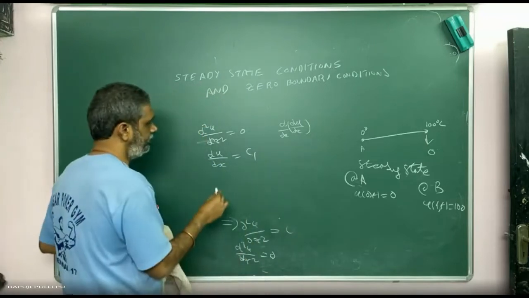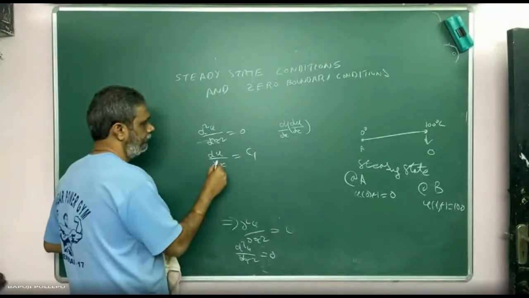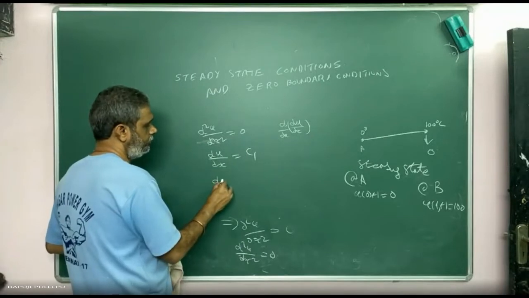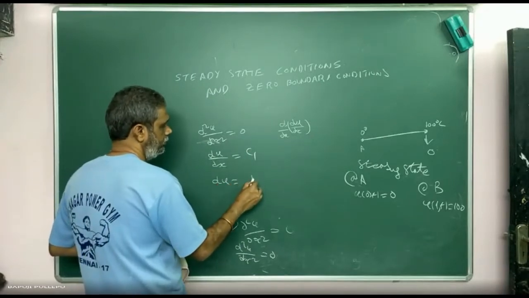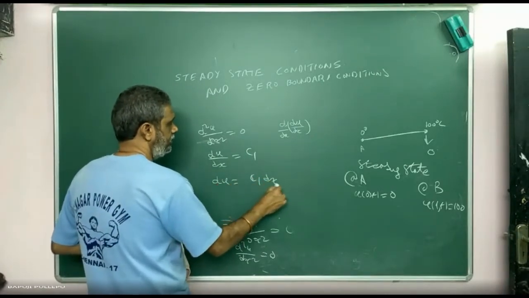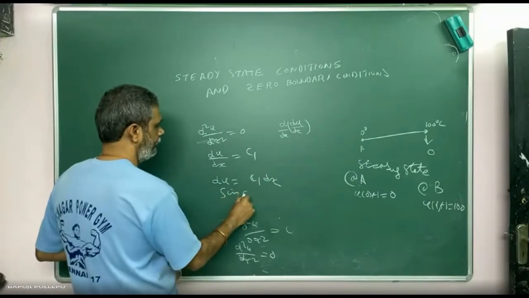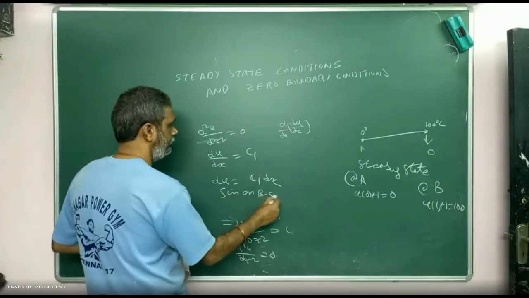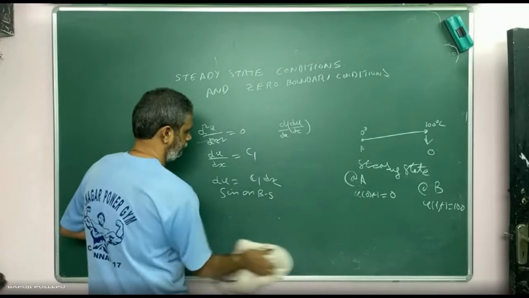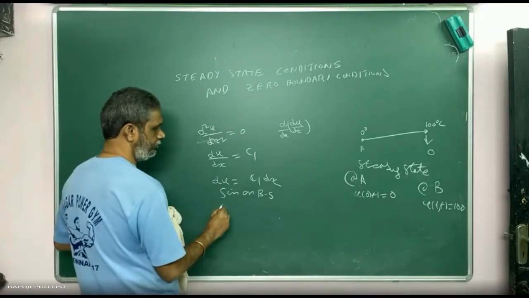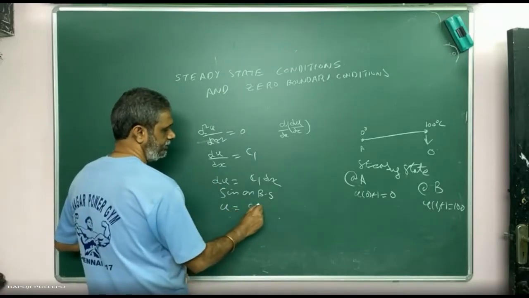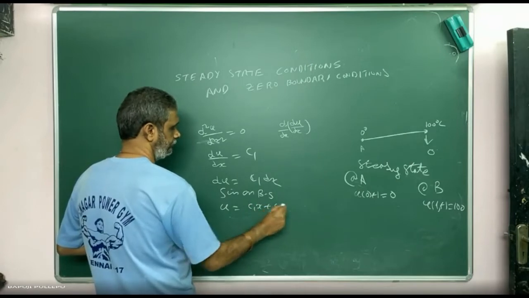Again if you integrate, what will you get? du is equal to C1 dx. Integrating on both sides, integral du is equal to u, and this is C1x plus C2.